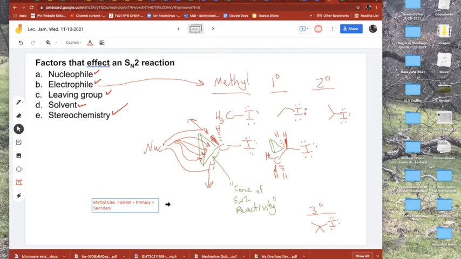And tertiary, we say no reaction. It's too crowded. So tertiary is so slow that we'll say it won't even happen. It's just too crowded, too much steric hindrance.